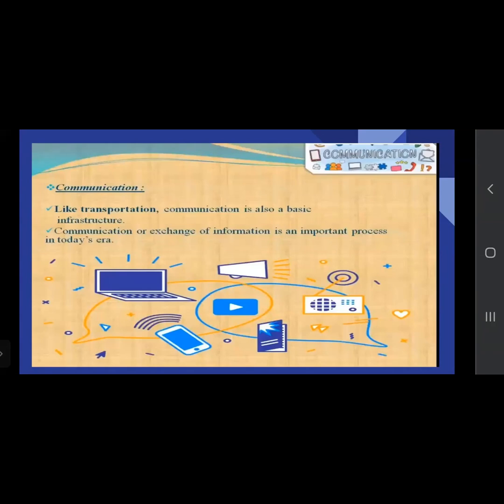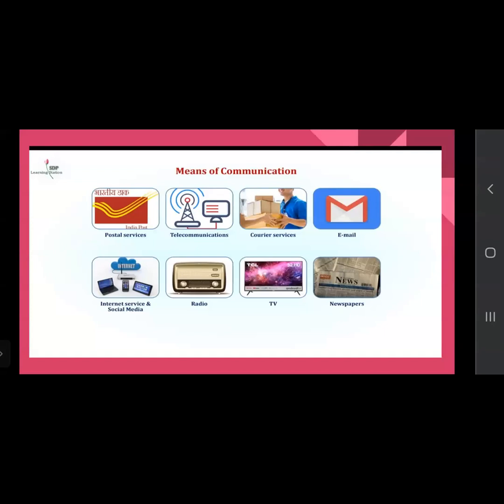Here you can see in the picture a laptop, a mobile, then YouTube, books. All these things are modes of communication through which we exchange information from one person to another. As means of communication, very previously, in ancient times, postal services were used.